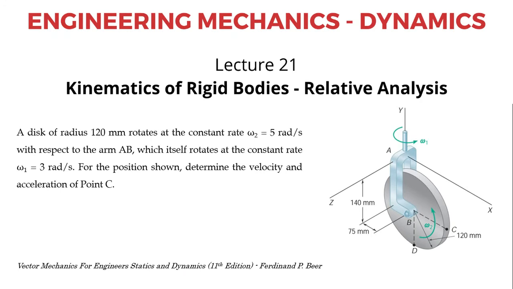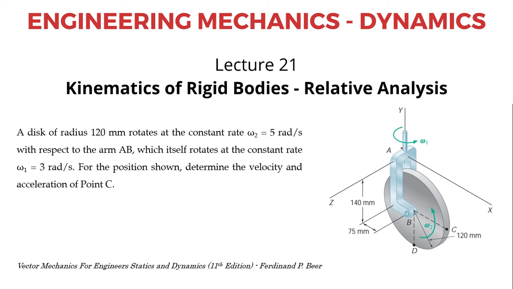A disc of radius 120 mm rotates at the constant rate omega 2 equals 5 radians per second with respect to the arm AB, which itself rotates at the constant rate of omega 1 equals 3 radians per second. For the position shown, determine the velocity and acceleration of the point C. On the right hand side, you can see the figure here.